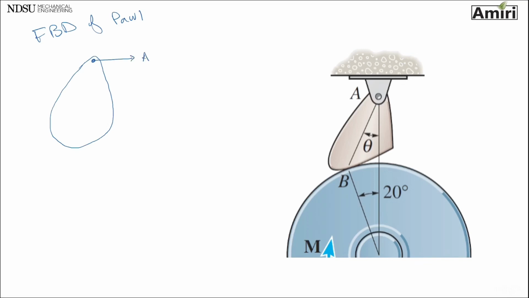So I'm just going to put AX, AY. And then point B being here, I have friction, and I have NB for the pawl. For this one, if I write summation of moment about A being 0, I can find the relation between, I can find the angle theta.